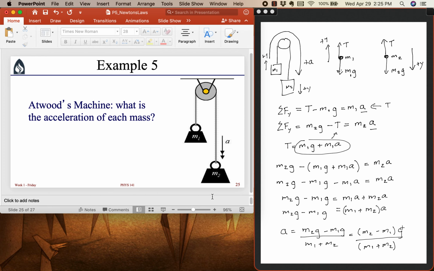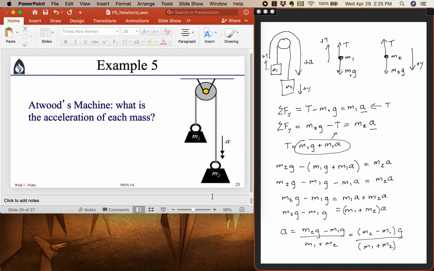G is positive, it's 9.8, and then M1 plus M2 is also going to be positive, so the acceleration will be positive, meaning that the system will accelerate in the positive direction. M2 will accelerate downward and M1 will accelerate upward, as I said would happen before.